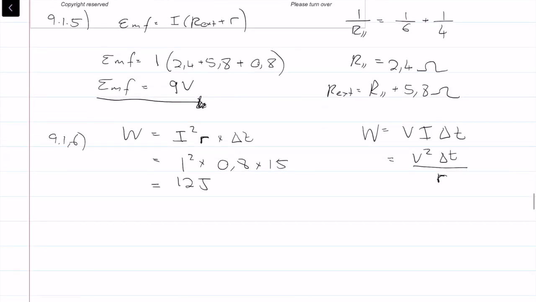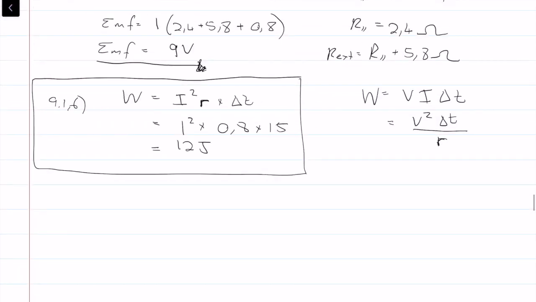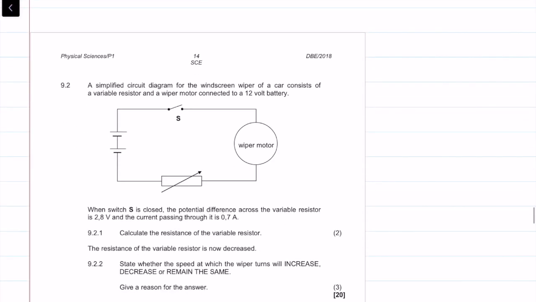But for me, this is the easiest way to get to the answer: it's just I squared R times T, noting that R is our small r. And that's the end of that part of the question.